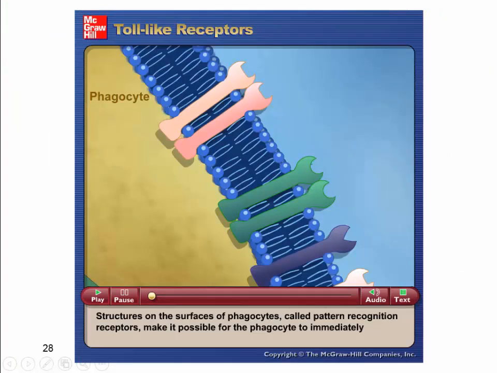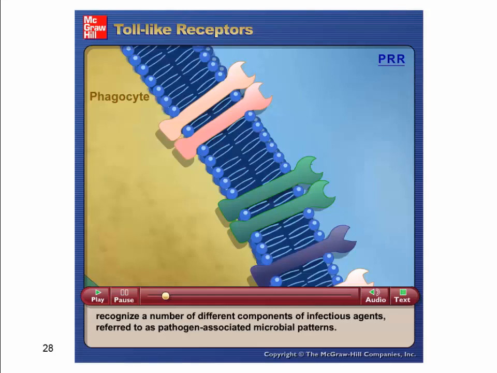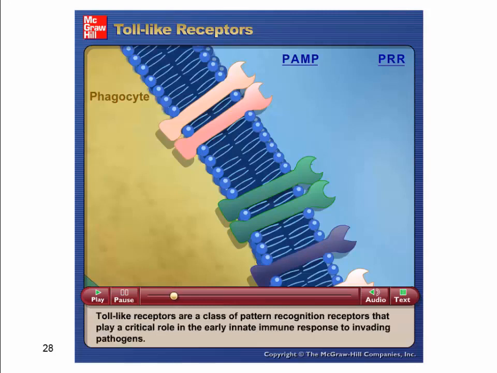Phagocytes have pattern recognition receptors, which make it possible for the phagocyte to immediately recognize a number of different components of infectious agents, referred to as pathogen-associated microbial patterns. Toll-like receptors are a class of pattern recognition receptors that play a critical role in the early innate immune response to invading pathogens.